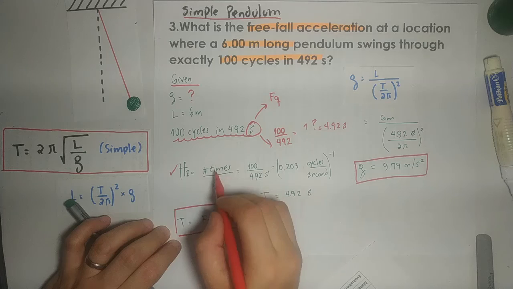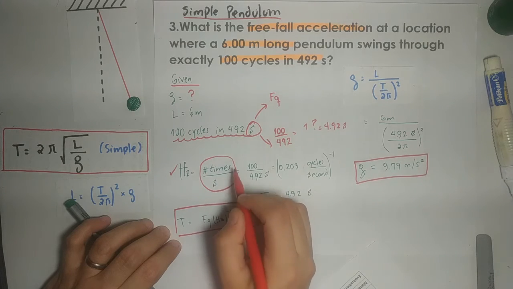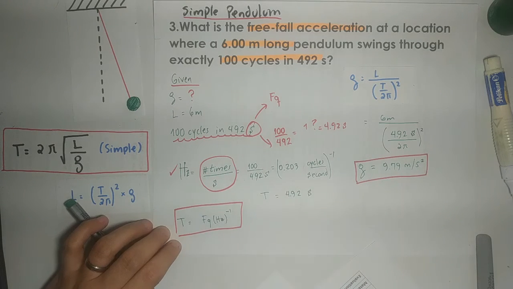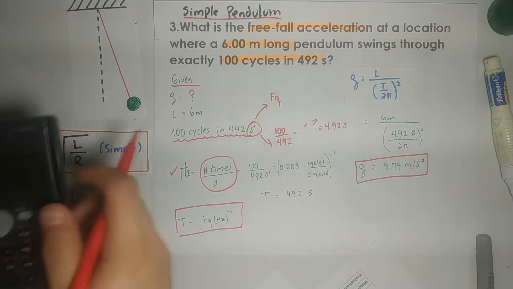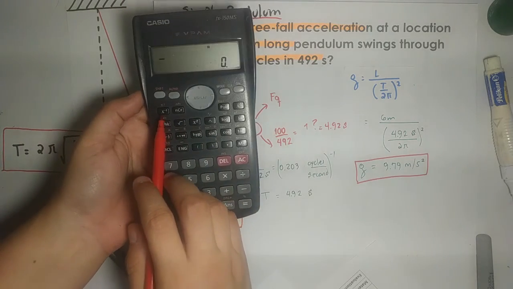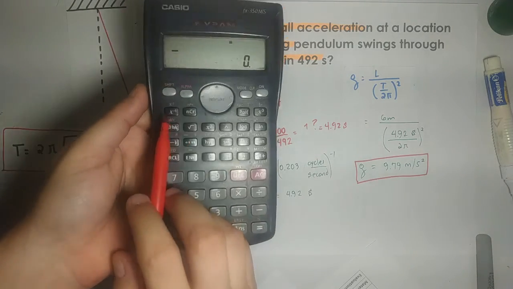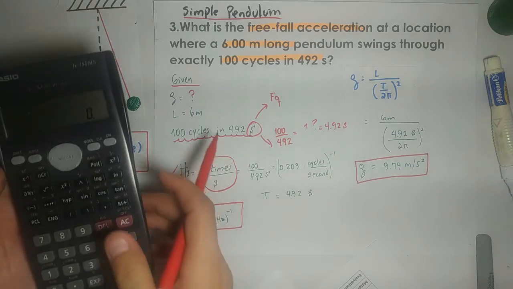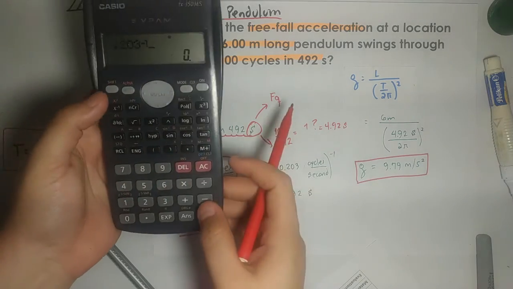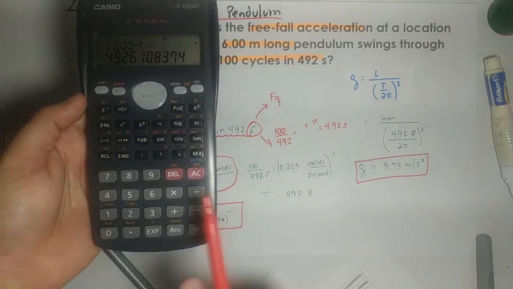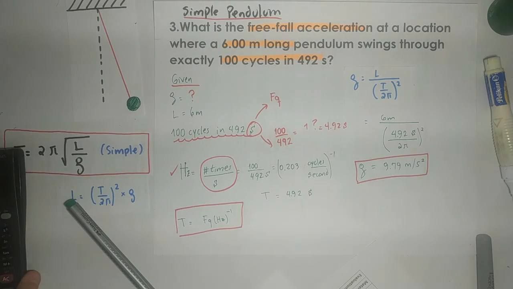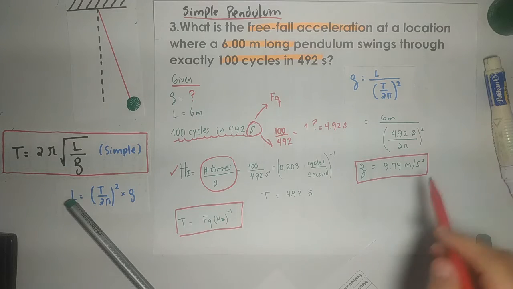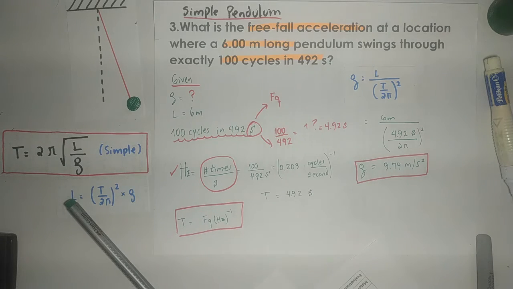This is the frequency, the equation for frequency, times per second or cycles per second, and then you take the answer that you have, use this key in your calculator, and there you go, 0.203, look, 4.92. Okay, it's easier, and then you just plug in the values in the formula, and that's it.